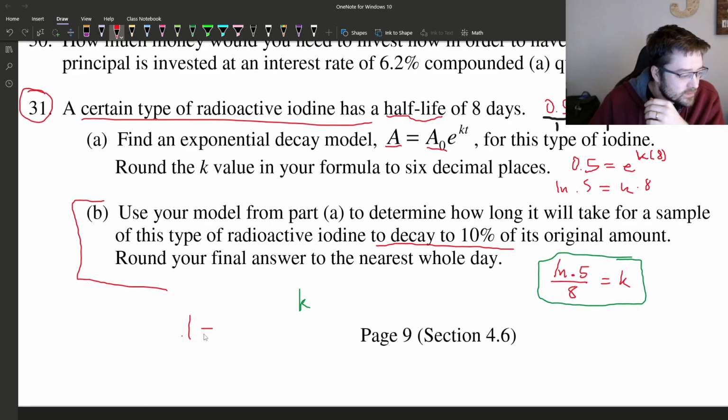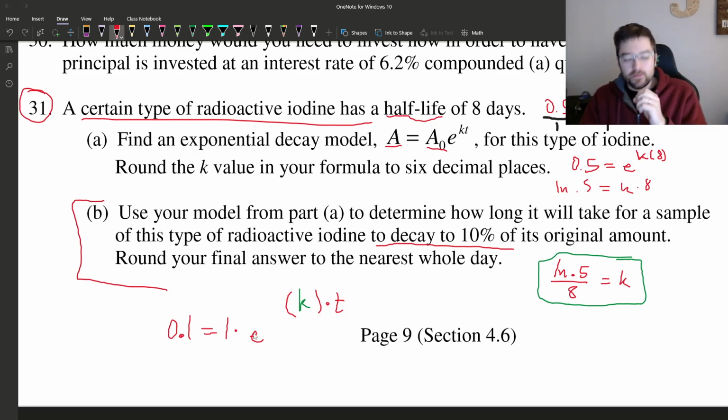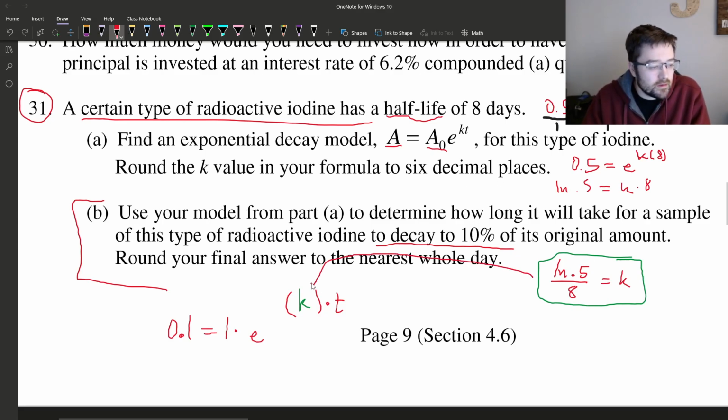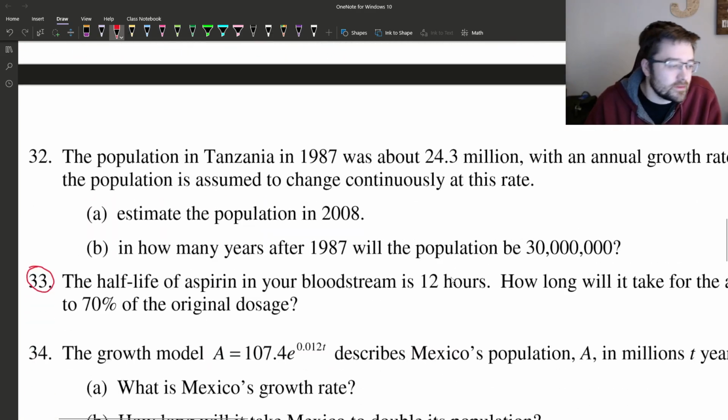It's a very simple setup. 0.1 equals 1 times e to our k times we don't know. So now instead of solving for k, which we already know because of this calculation, we will be solving for t. How many days will it take?